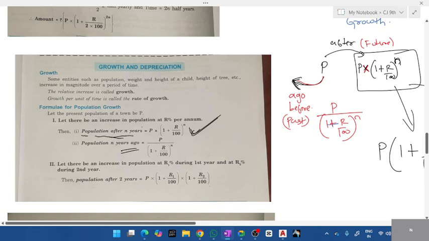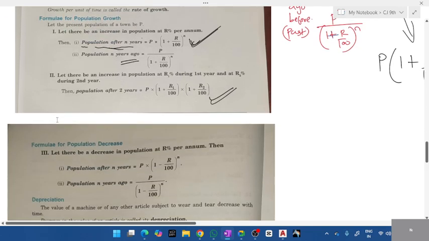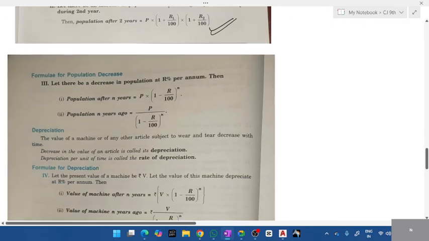When rates are different, it is R1, R2. This is for growth. And look here, depreciation, after. Wherever the word after is given, it is future, and for future it is multiplication. And for past tense, it is division. We divide the values.